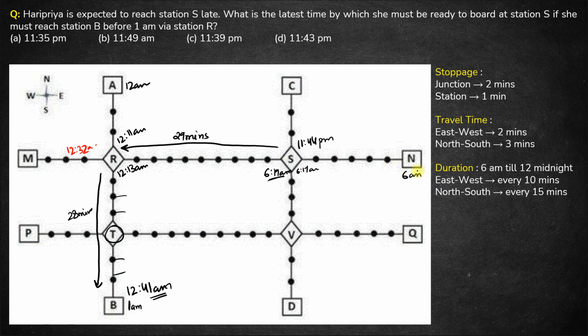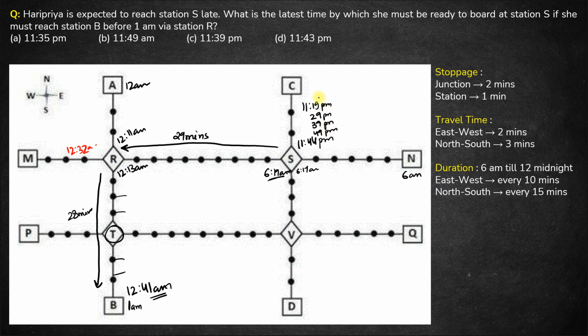Right. So the first train starting at N leaves at 6:19 and a train leaves after every 10 minutes. So that means if you keep adding 10, in the night there will be a train leaving at 11:19 PM, then at 11:29 PM, then at 11:39 PM and then at 11:49 PM.